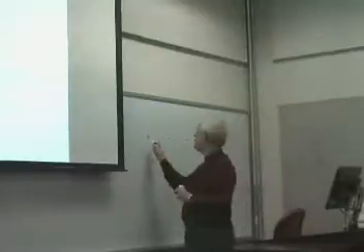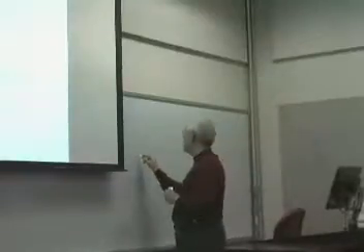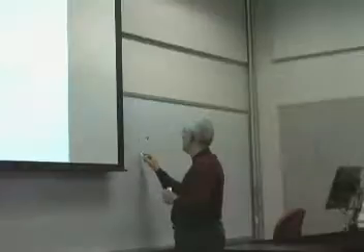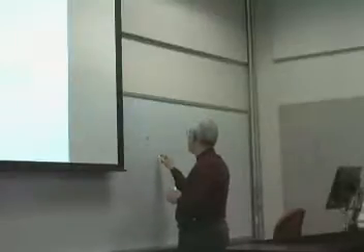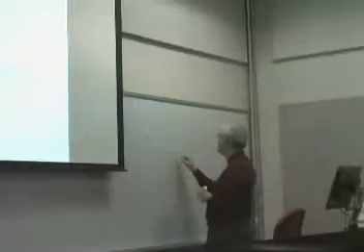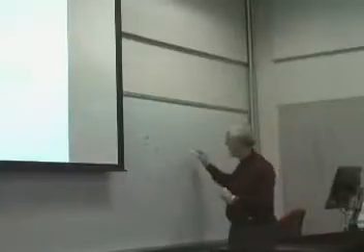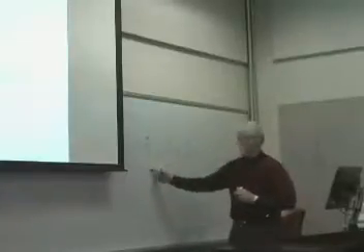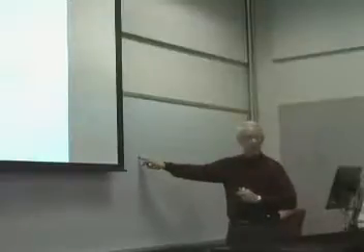These go from, if this is I minus 1, this would be I minus 3/2 and I minus 1/2. This would be I plus 1/2. This would be I plus 3/2.